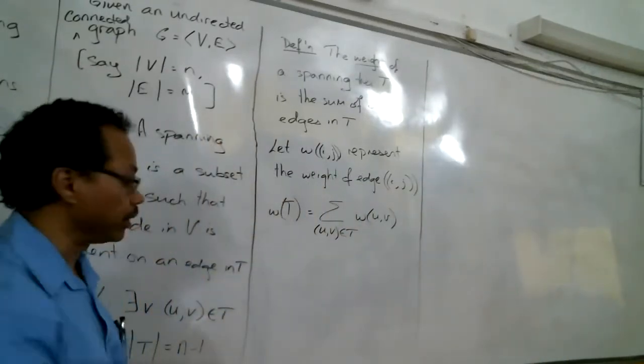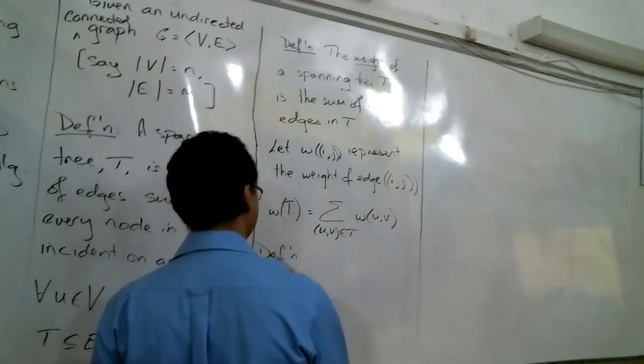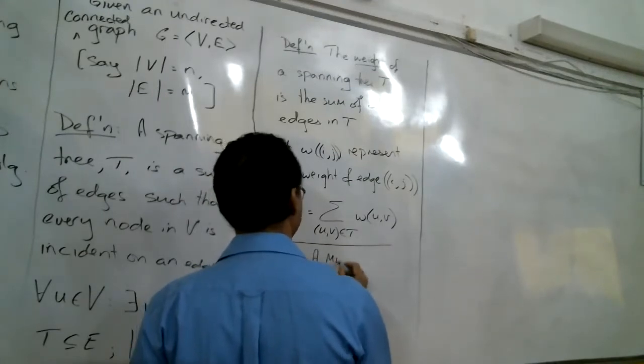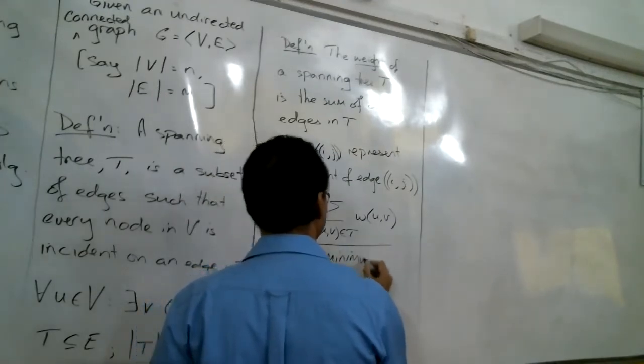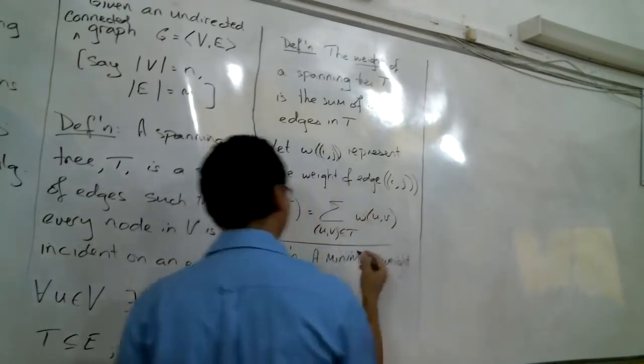So a minimum weight spanning tree is what you think it is.